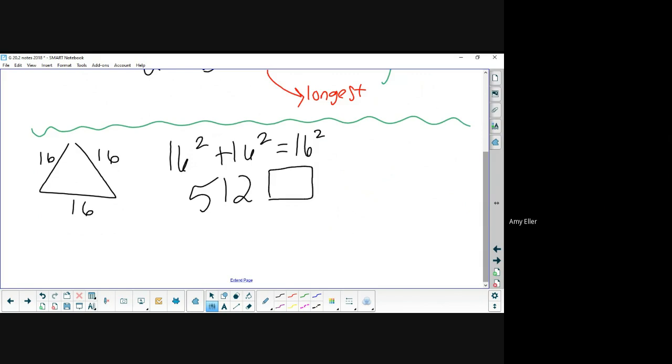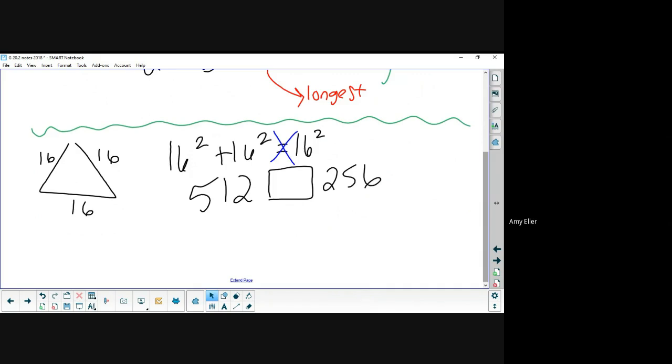Then type 16 squared. Are those equal? Not even close. They're not equal because it's not a right triangle. Pythagorean's theorem, a squared plus b squared equals c squared, only works if it's a right triangle. So put a big X on that equal sign. They're not equal.